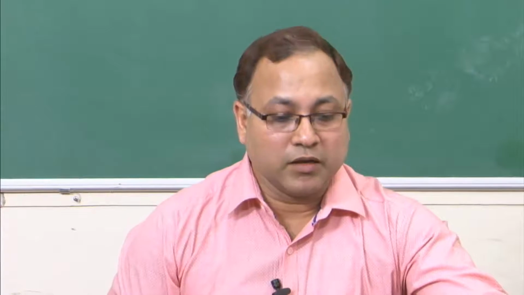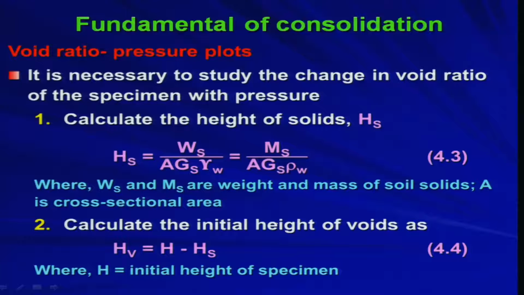Okay. So, the first one, calculate the height of solids, that is Hs. Hs is nothing but the weight of solid divided by A into Gs into gamma W, where A is the cross sectional area, Gs is the specific gravity of soil solids, and gamma W is the unit weight of water.